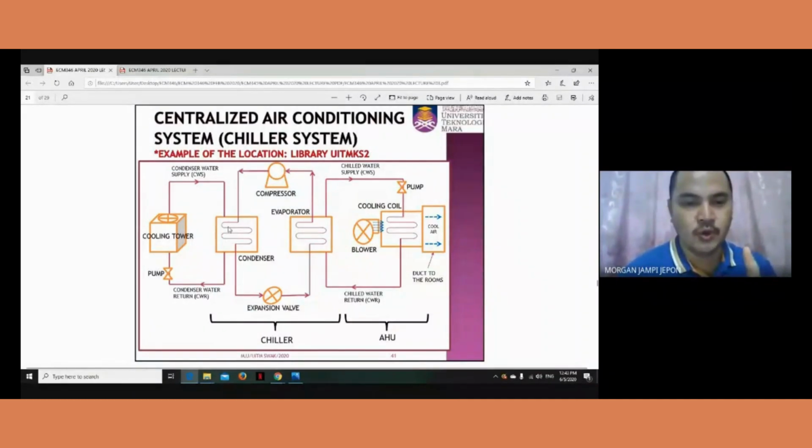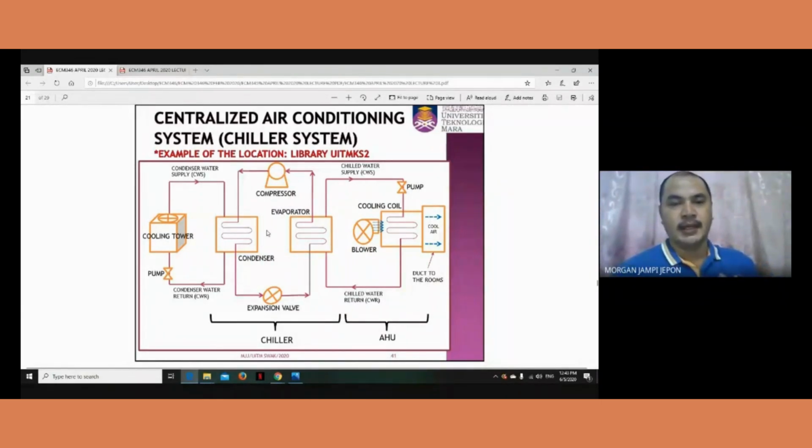So hot or warm water from the condenser flows through this pipe. The label is condenser water return, CWR, and it is pumped into the cooling tower to cool down that water. And cold water will flow again into the condenser.